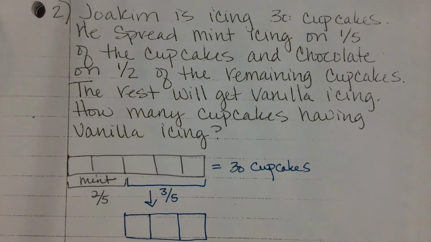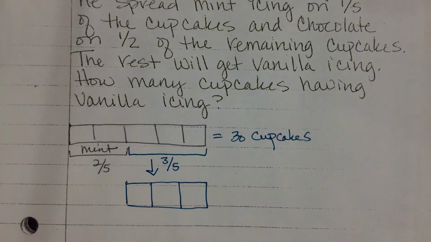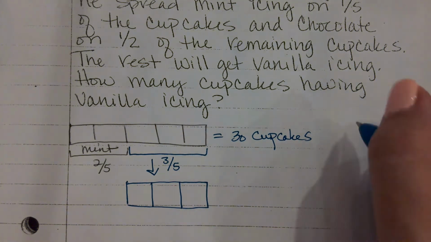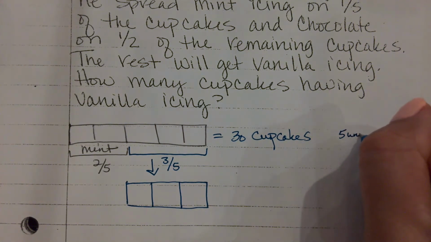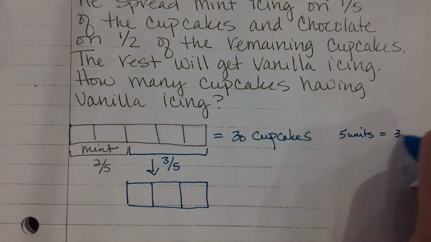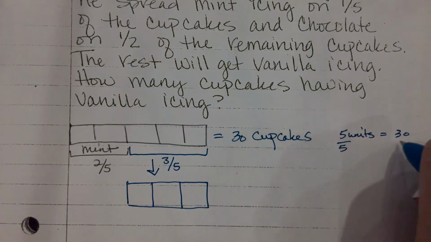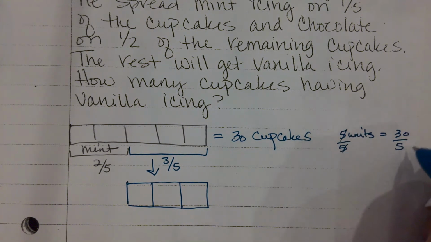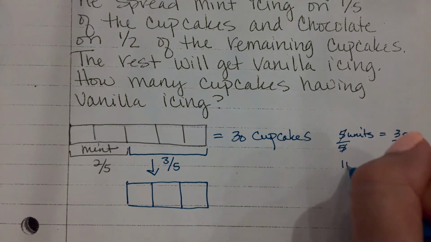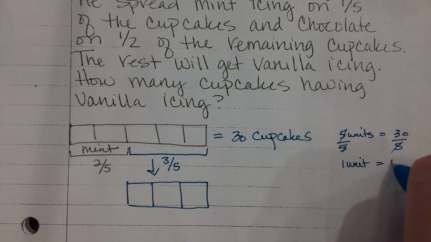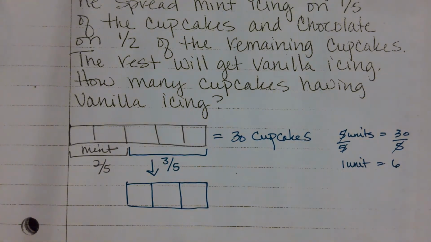Okay. So we still have fifths. Each unit is still 6 because we still divided 30 into 5 equal parts. So if 5 units is equal to 30, and we did our division, right? And we ended up with 1 unit is equal to 6, right? So we still have the same thing.